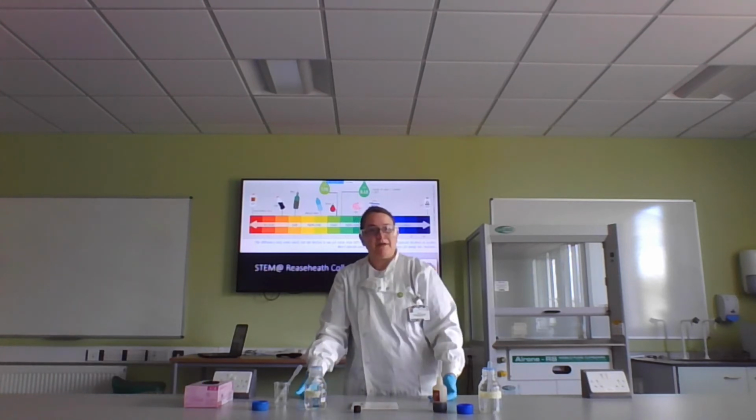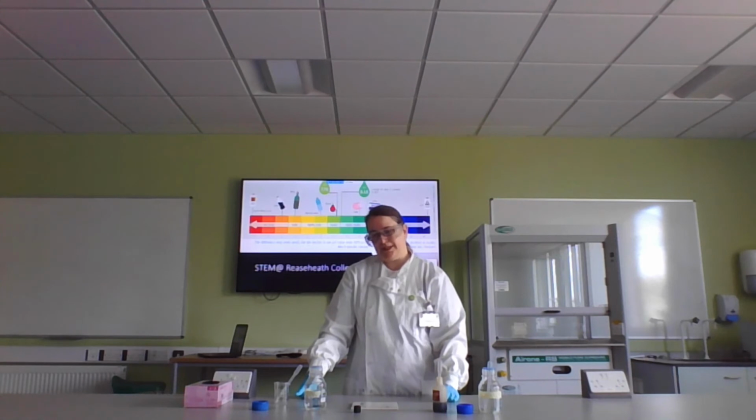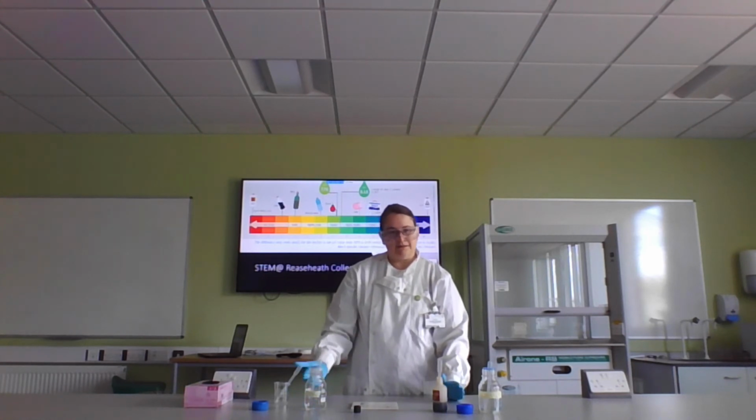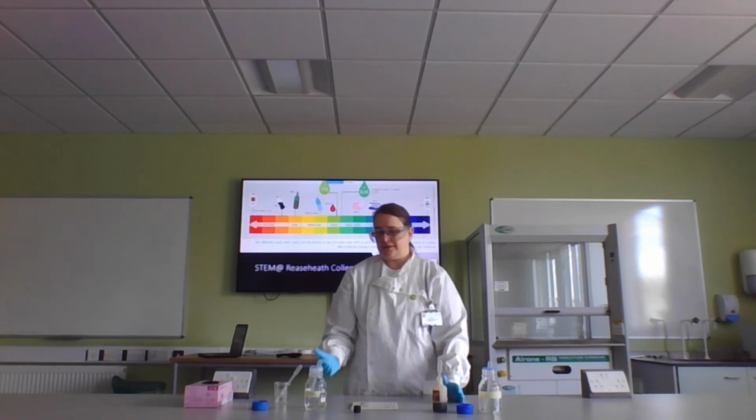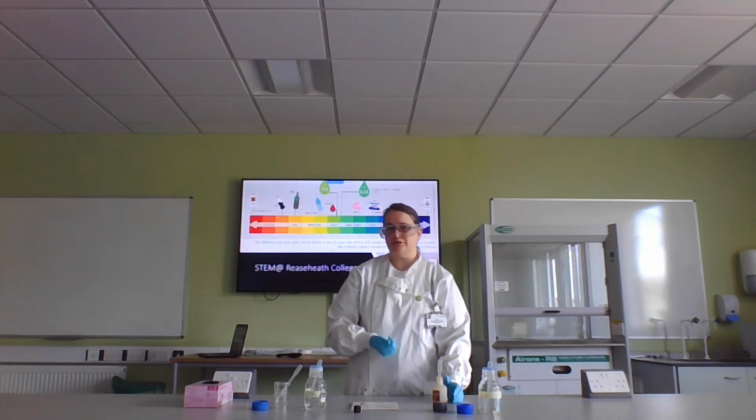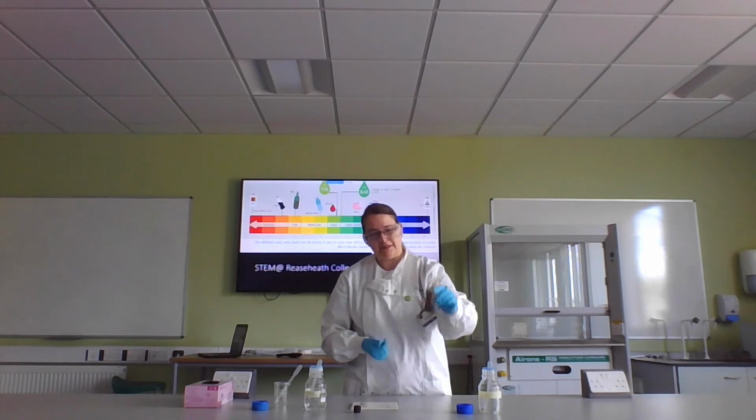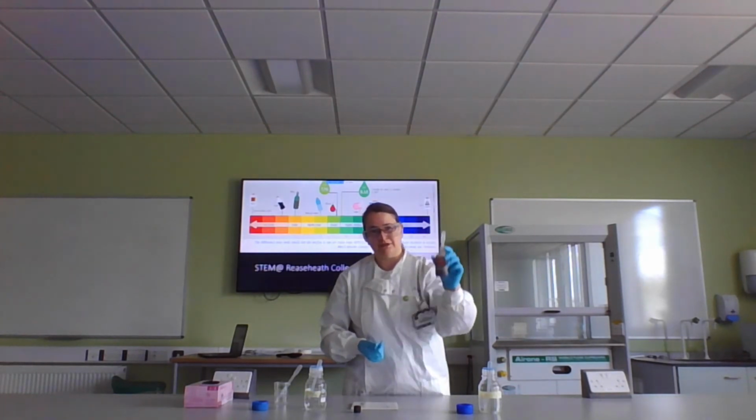So the next thing to think about is, what if we mix these two in equal amounts? What would you think would happen? Hopefully, we'll end up with a neutral solution, which means that this little green indicator shouldn't change colour.